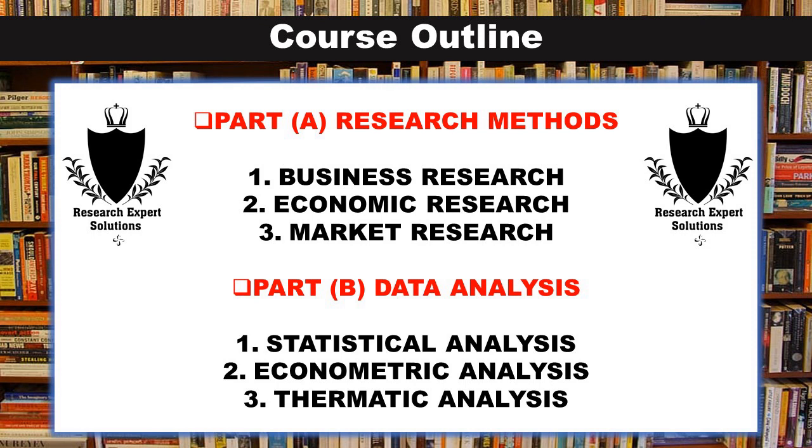The first part, research methods, will basically comprise discussions pertaining to business research, economic research, and market research. These are just different kinds of research that can be done in the dimensions of business research or economic research.